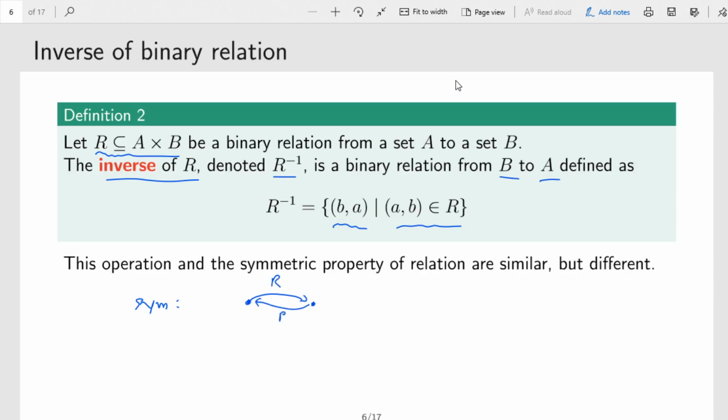So the opposite must also be in R. Whereas in inverse, if you have a relation from A to B, this is A, this is B, and this is related by R, then the inverse would contain this. So that's the idea. How do we get an inverse of a relation? You simply flip the pairs for every pair there.